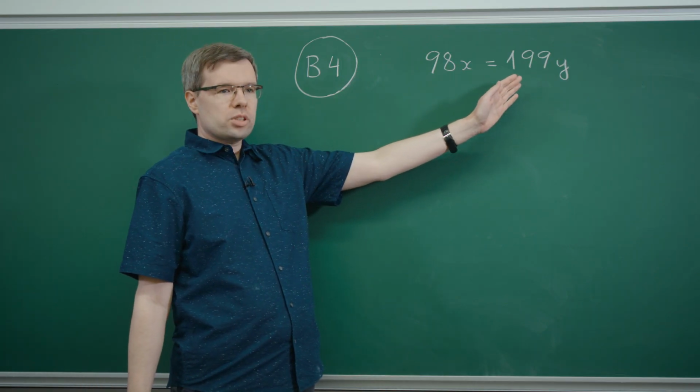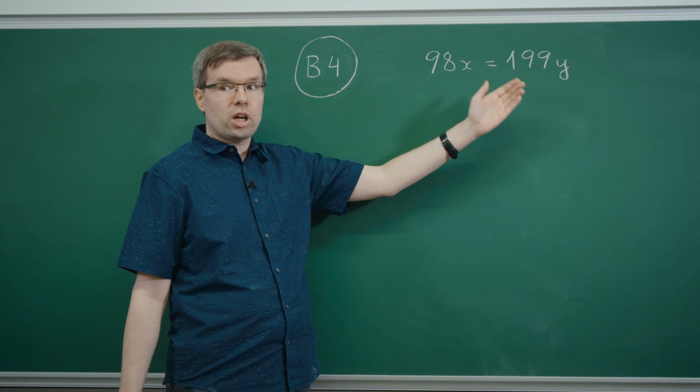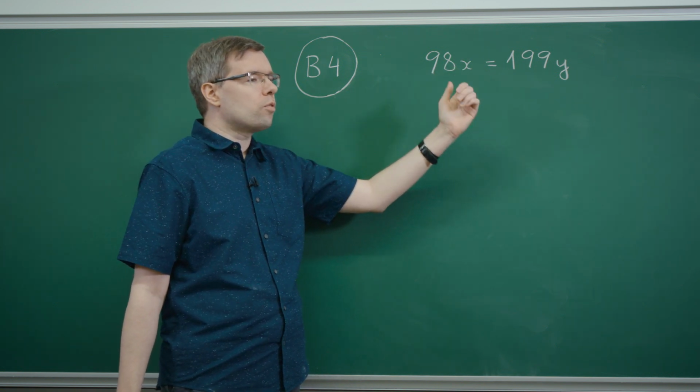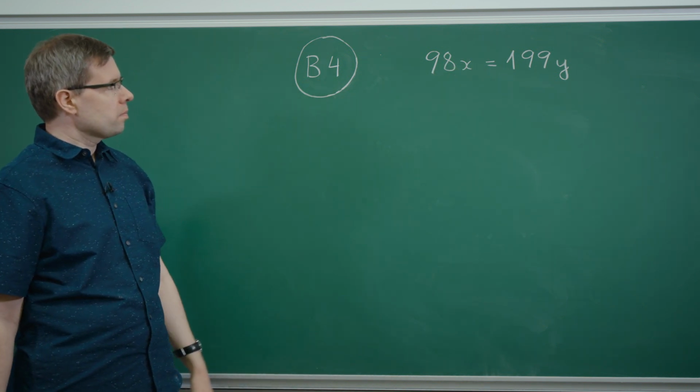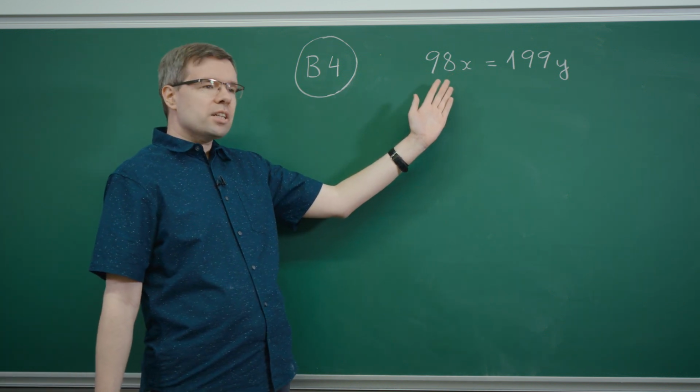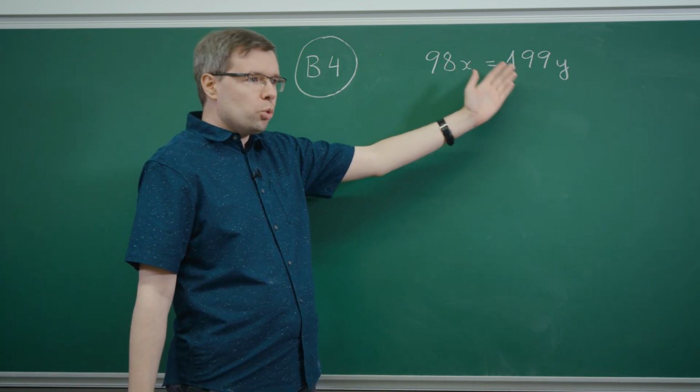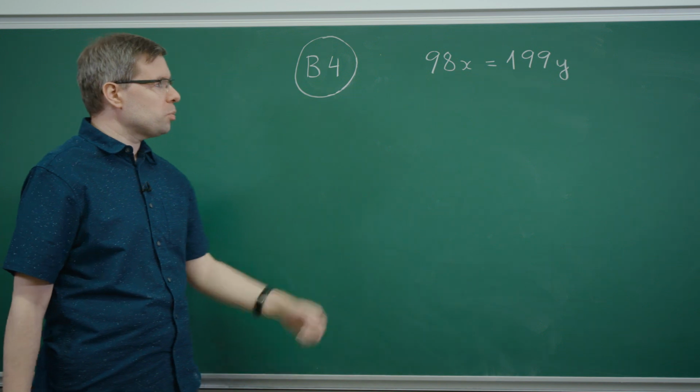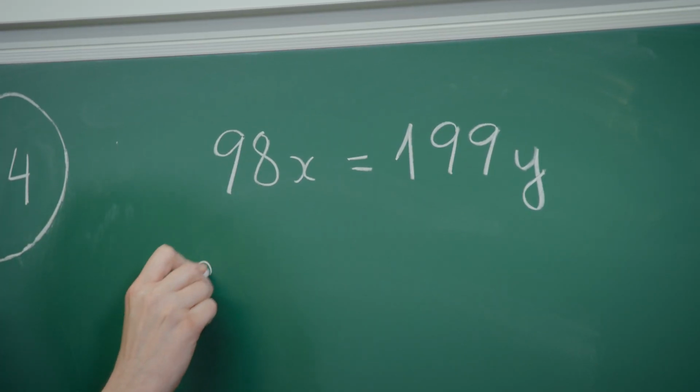The right-hand side of this equation, 199 times y, is a multiple of 199. This means the left-hand side of the equation, which is equal to the right-hand side, must also be a multiple of 199.